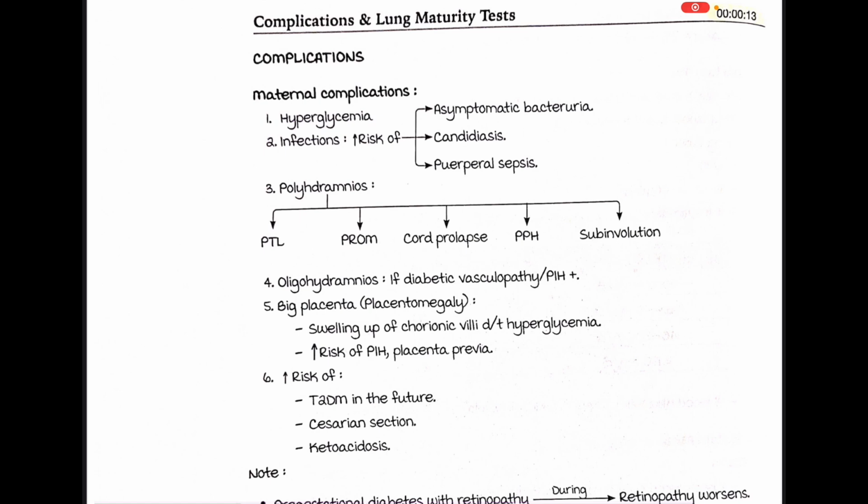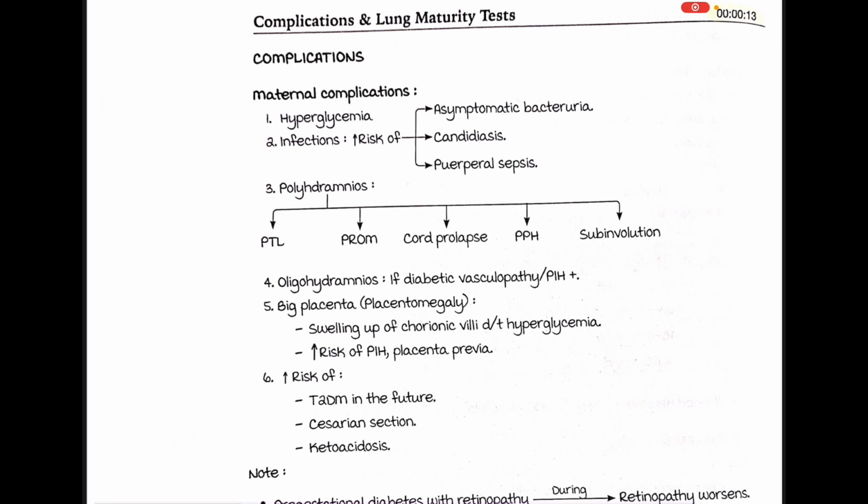Infections include increased risk of asymptomatic bacteriuria, candidiasis, and puerperal sepsis. Polyhydramnios can cause preterm labor, premature rupture of membranes, cord prolapse, postpartum hemorrhage, and subinvolution.